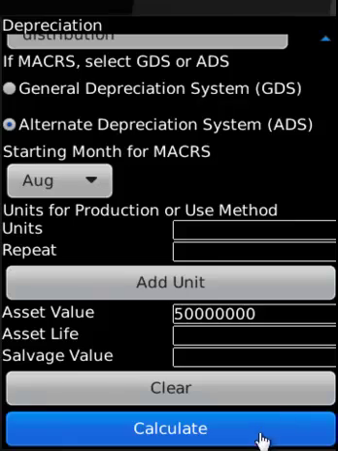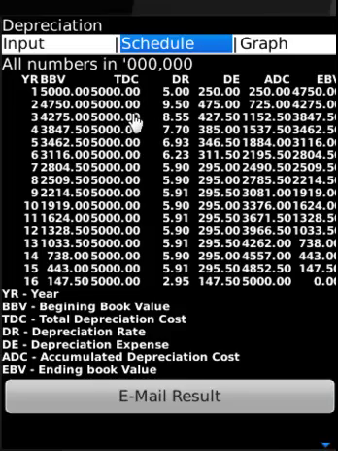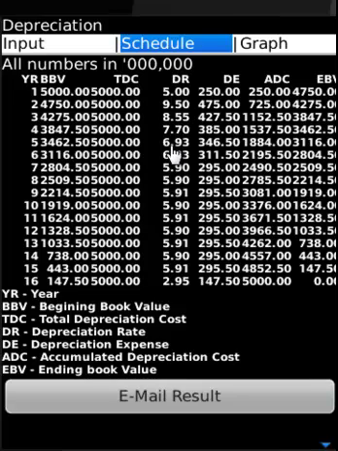Now let's calculate the MACRS depreciation. This is what we find, 16 years, and this is how the graph looks. So the beginning and ending book value, the depreciation expense, the accumulated depreciation expense, and this is the depreciation schedule for the 16-year life.